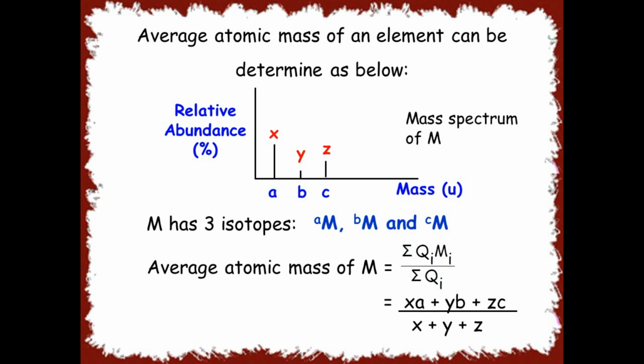The sum of Qi multiplied with Mi is equal to X multiplied with A plus Y multiplied with B plus Z multiplied with C, divided by the total abundance X plus Y plus Z. Average atomic mass has unit u, which is the same as the unit of mass in the mass spectrum.